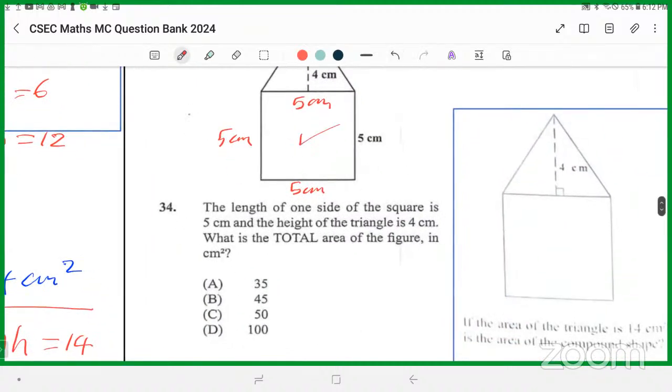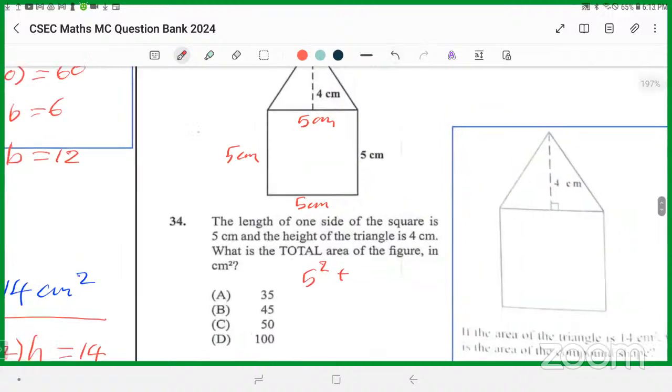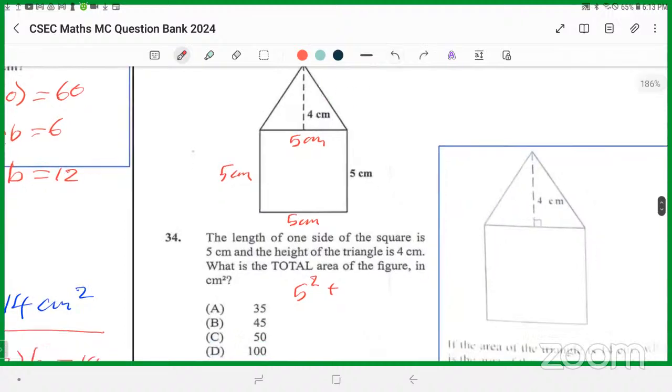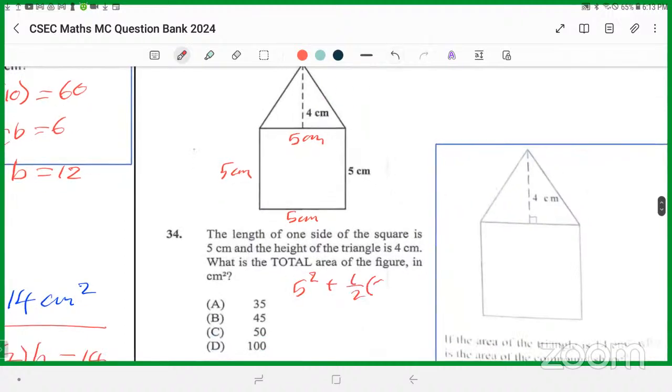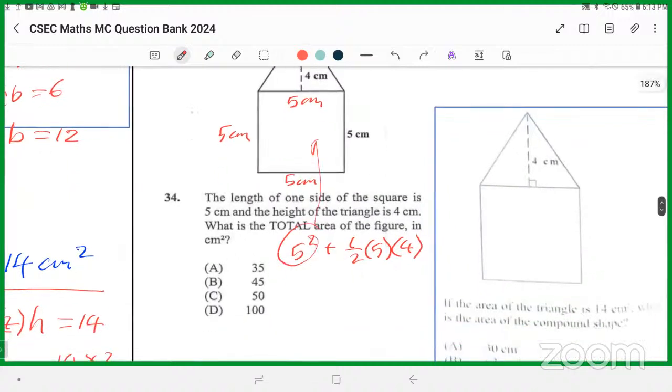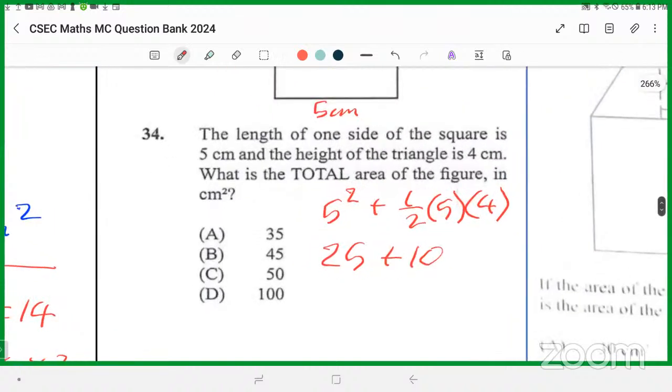So the area of the base, which is 5 squared, plus the area of the triangle at the top, which is half base times the height of 4. So it's 25 plus 10, which becomes 35.